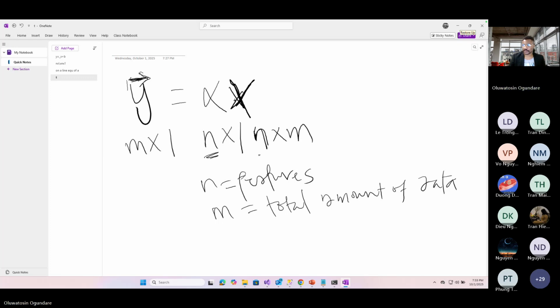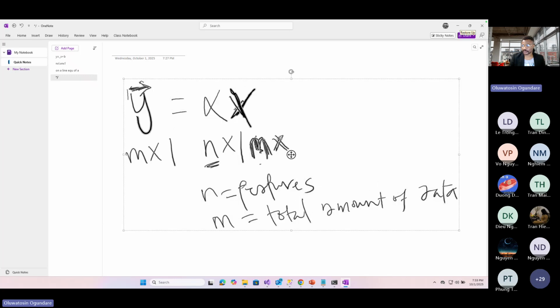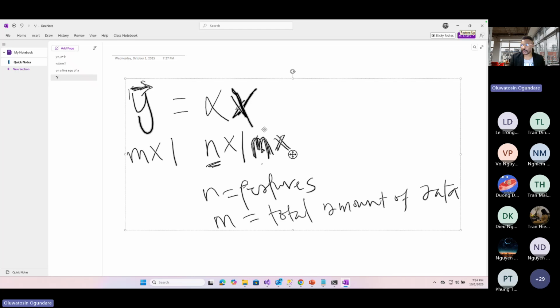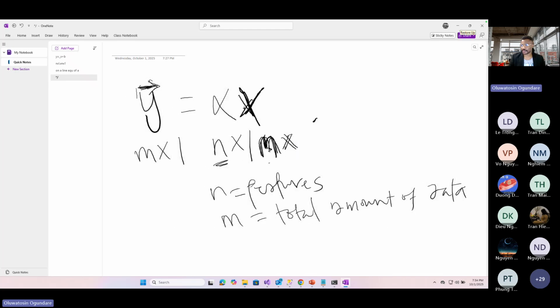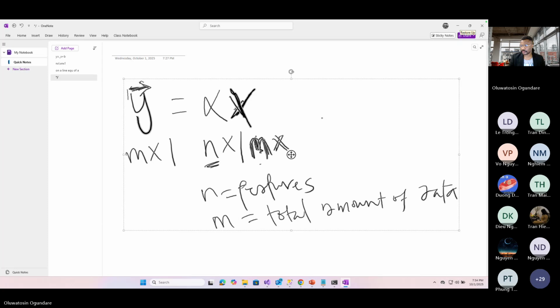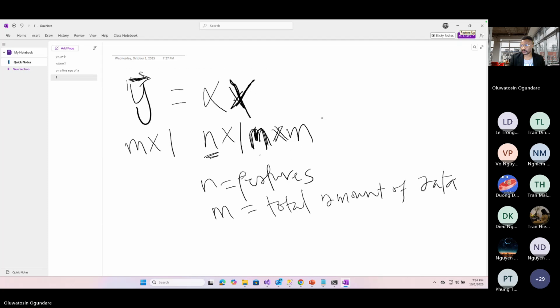You could also say n by n if you want to write it that way, but it's confusing, so I will write it in the reverse, in a way that we write it as n by m.